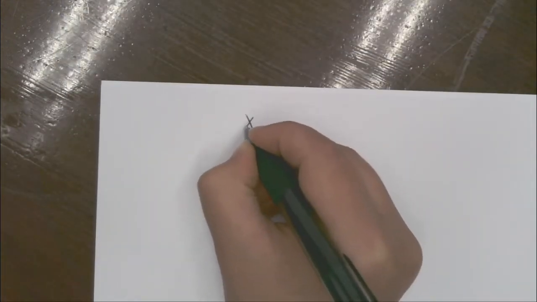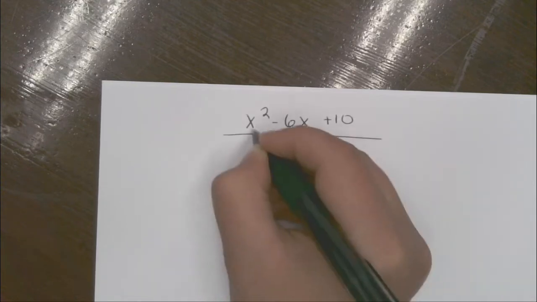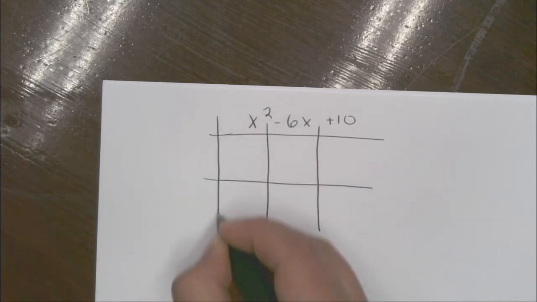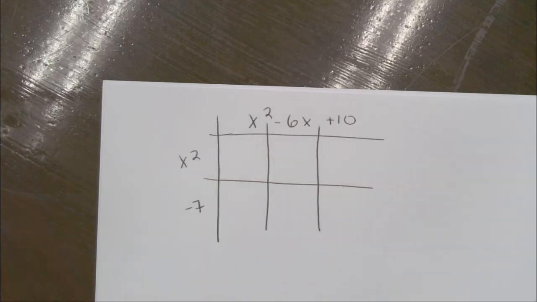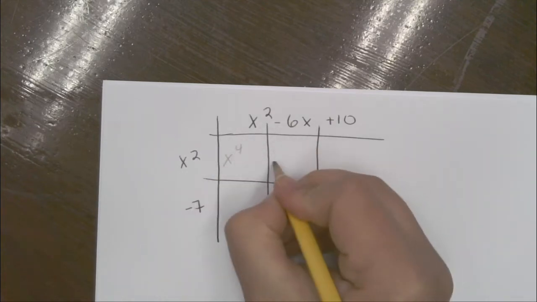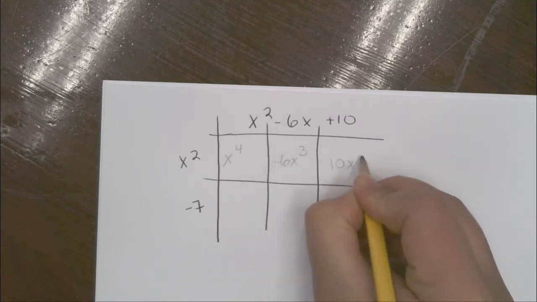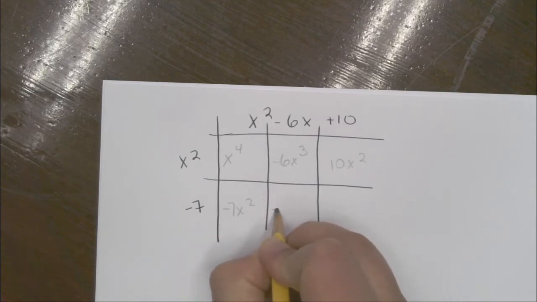So we got x squared minus 6x plus 10. And we got, what do we got? X squared minus 7. We got x to the 4th power. We got negative 6x to the 3rd power. We got 10x squared, minus 7x squared. What is this? Positive 42.